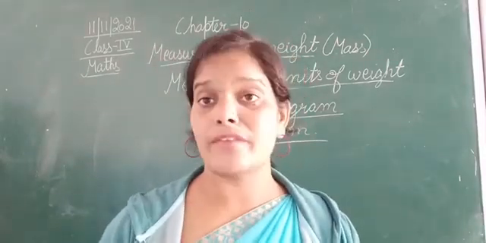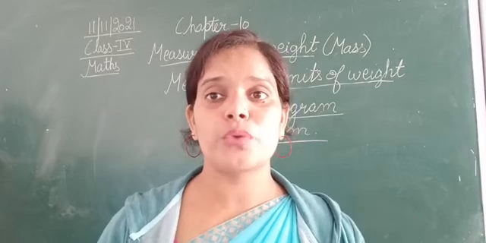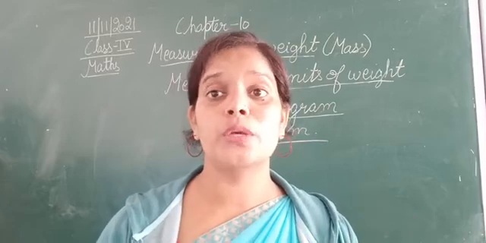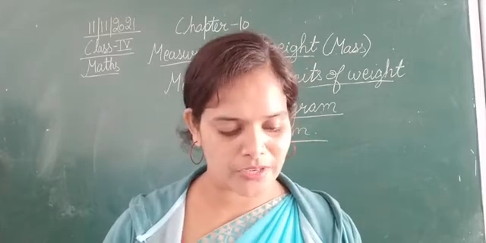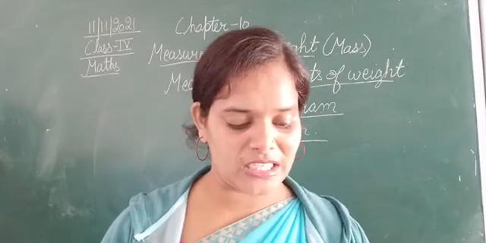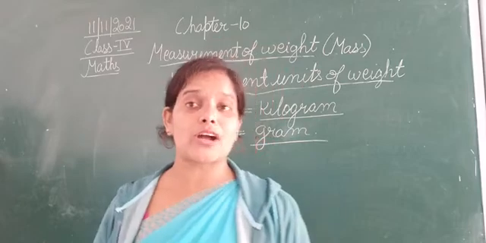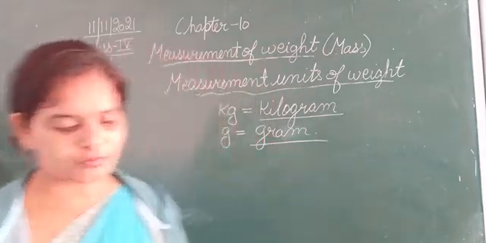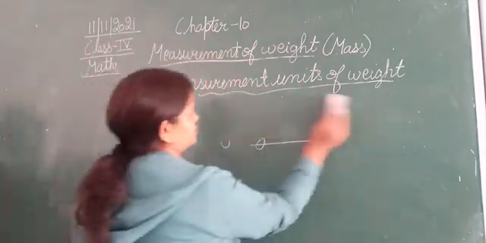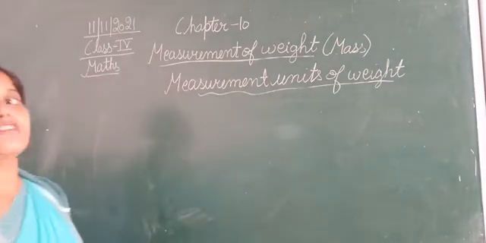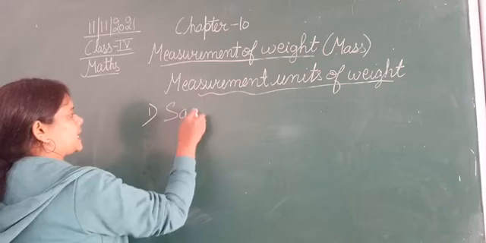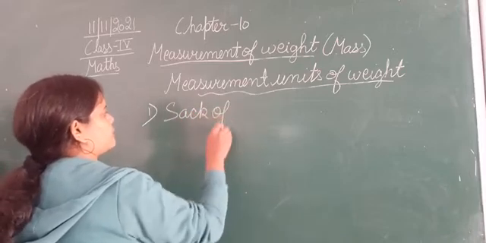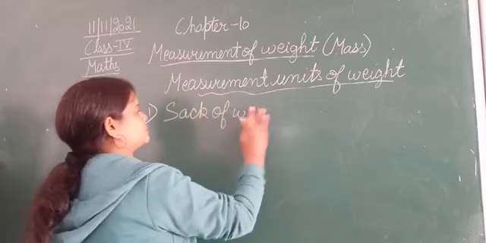Okay, so here they have given some examples. We have to see which standard unit we will use to measure these. The first is a sack of wheat. Sack means bori.